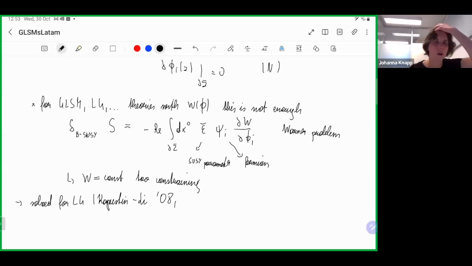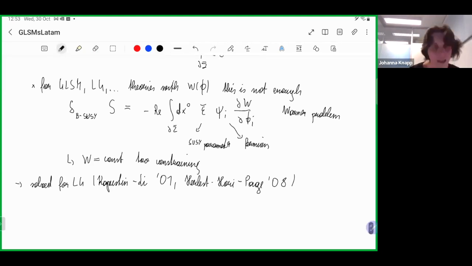And then for the GLSM, and this is what I'm going to talk about, by Herbst, Hori, and Page in 2008. Sorry, the first one is in 2001.